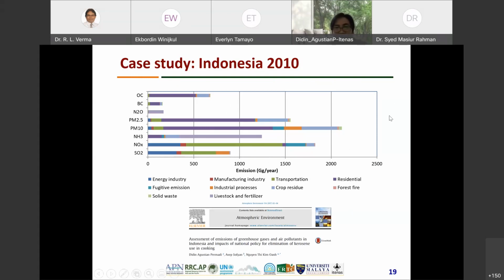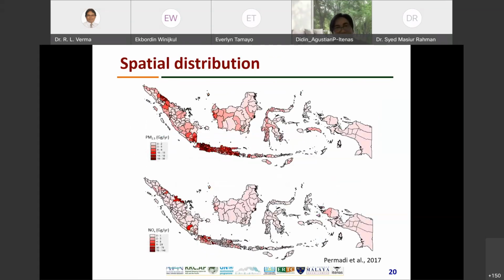So from year to year, the dominant sources may change. It depends on the occurrence of the activity. And we can also present the emissions in a spatial distribution like this. For example, for PM 2.5 and NOx for Indonesia, we present the emissions by cities. From almost 365 cities in Indonesia, we can plot the emissions for each city.